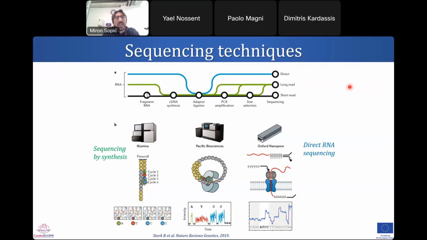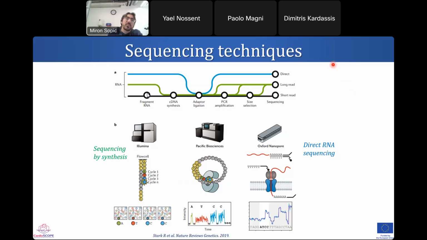We have Illumina sequencing and PacBio, which are based on the principle called sequencing by synthesis. And we have a completely different technology called direct RNA sequencing, developed by Oxford Nanopore Technologies.